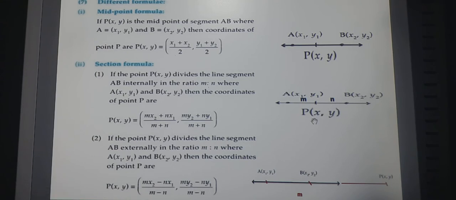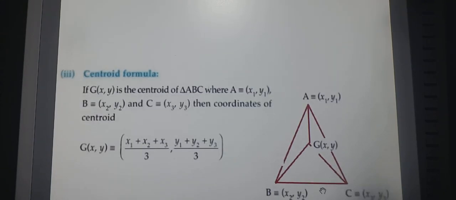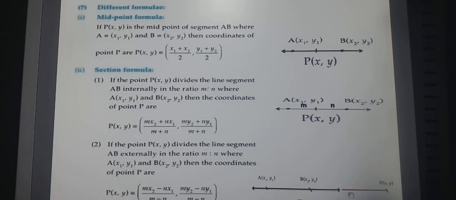When this point P of (x, y), as shown in the third diagram, divides this segment AB externally in the ratio m is to n, then we have to write a minus sign in place of the plus sign here.